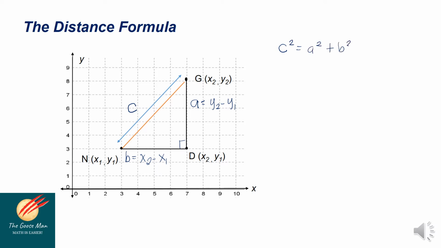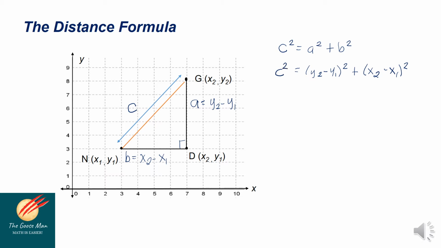That is c squared is equal to a squared plus b squared. If we substitute the value of a, which is (y sub 2 minus y sub 1) squared, plus the value of b, which is (x sub 2 minus x sub 1) squared, this is the value of your hypotenuse c squared.